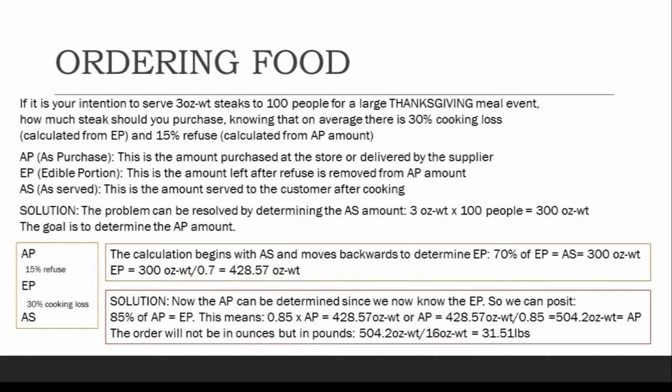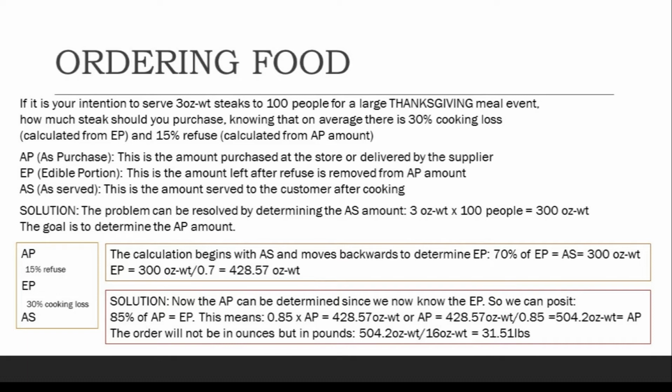So AP is the as purchased, this is the amount purchased or delivered by the supplier. EP is the amount left after refuse is removed, and that basically refers to the amounts that go into the recipe. And the AS is the amount served to the customer after the cooking.